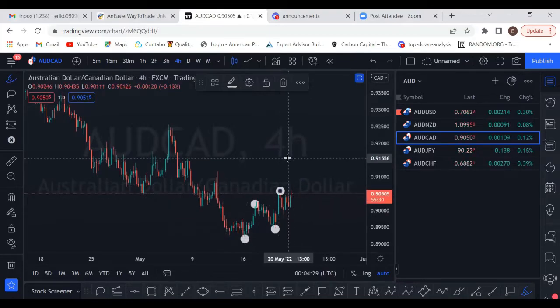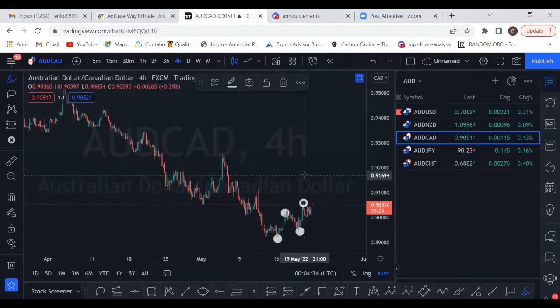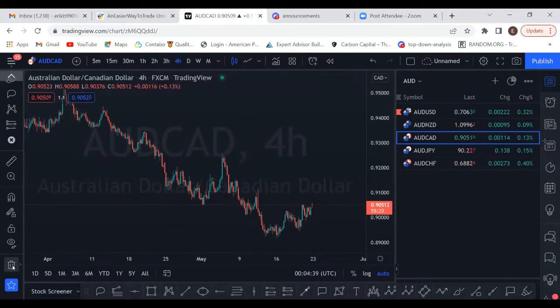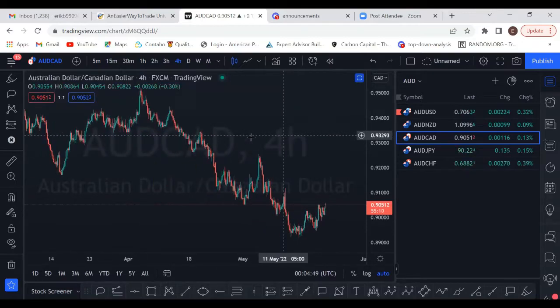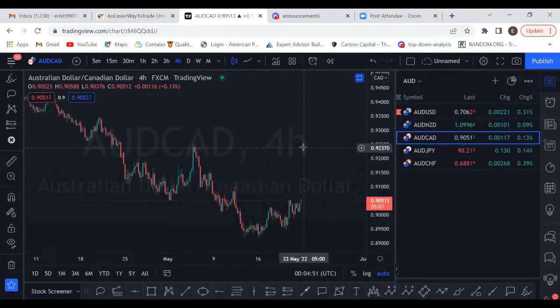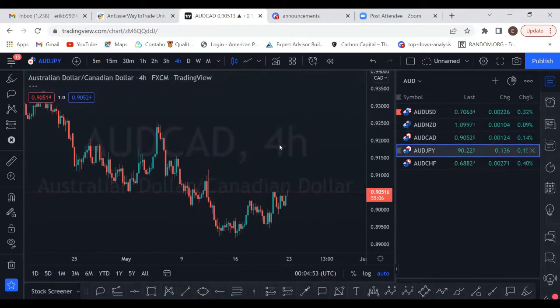Even though it's in a downtrend, when they start doing higher highs, higher lows, you don't know how deep that pullback is going to be. That's why last week I only went 3 and 3, because there was a couple of trades where the market was breaking structure, going against the trend. So you just have to stay out of the market until it comes back. But CAD right now, iffy, so no trade.